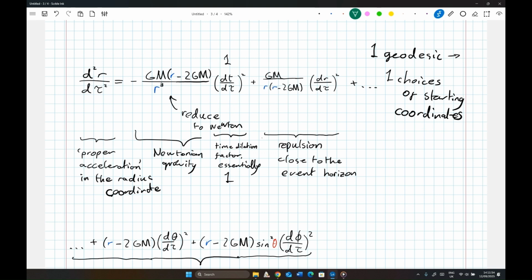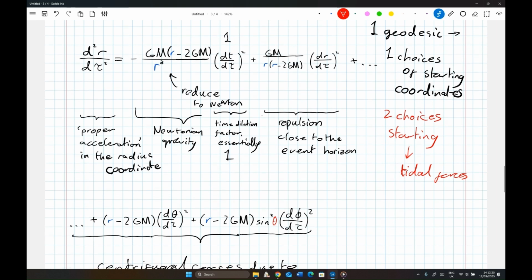If you were to take two choices of starting coordinates, this would be the equivalent of taking two objects and starting them at different positions. Then you will get tidal forces. And the size of these tidal forces will be dependent on how large of a region you are looking at.